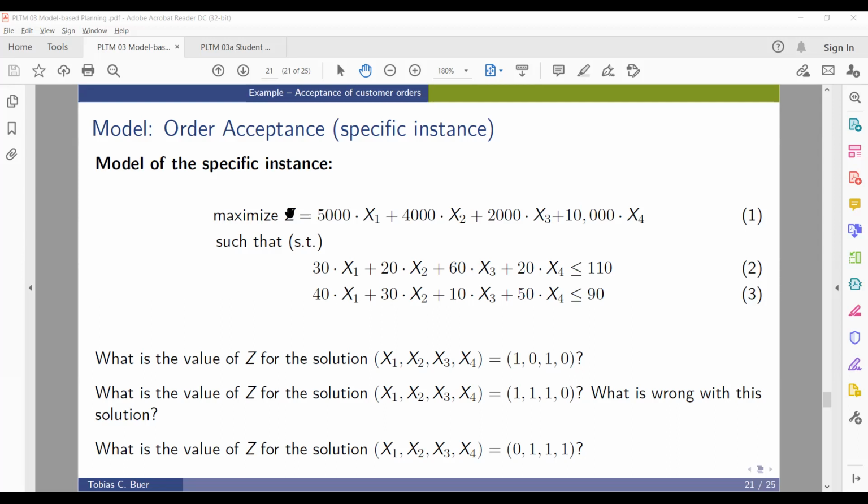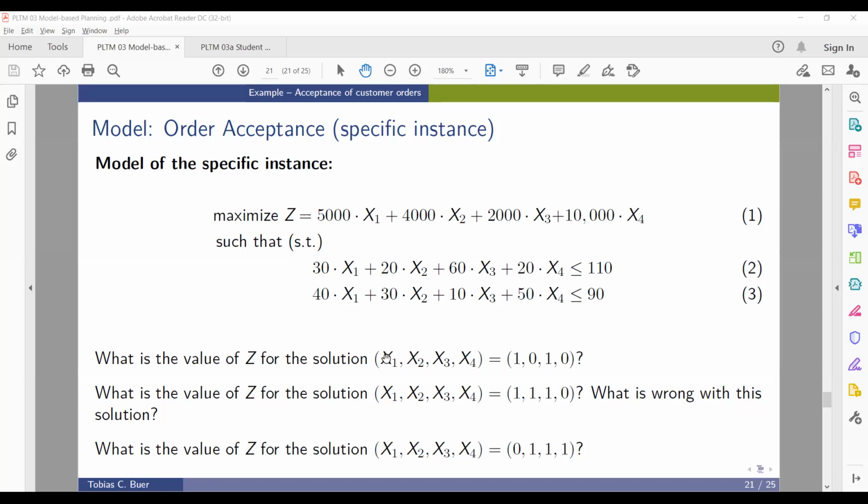You just need to take the solution, these values of the decision variables, and enter them in formula 1. Yes? I don't understand that one. So you have a solution.